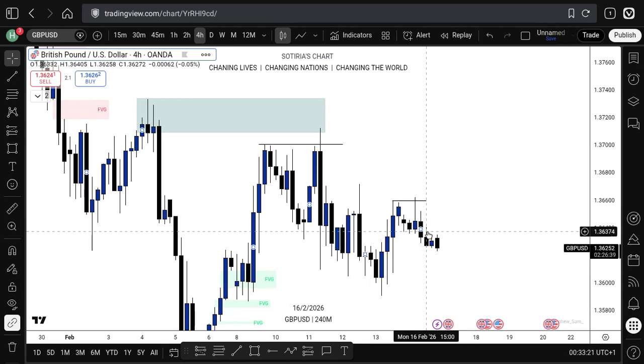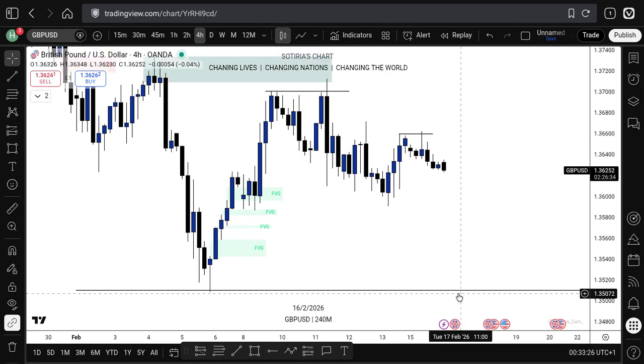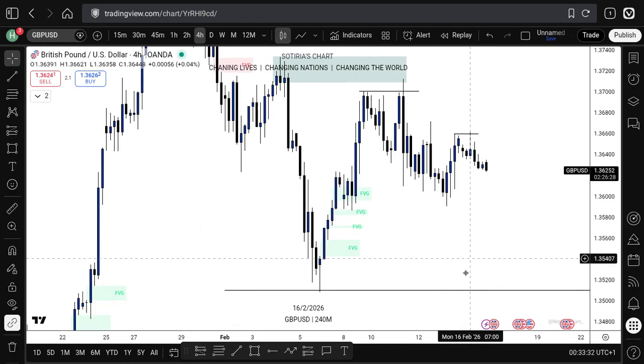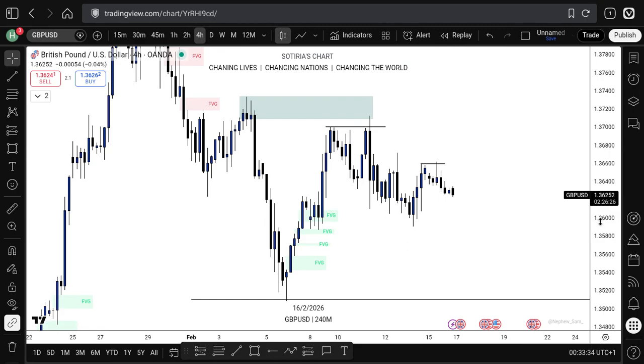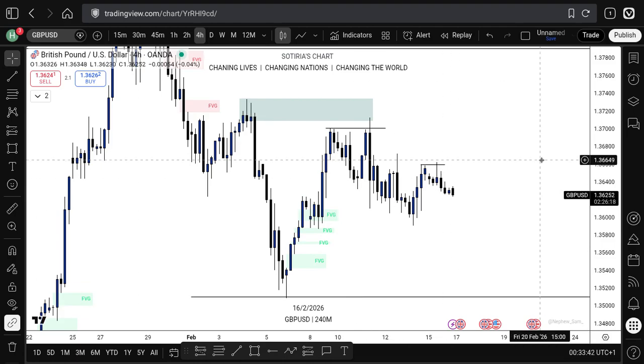Then I entered around here, all targets down to this low. So let's see what happens today, because this is a new candle already, if we drop here or we get invalidated.